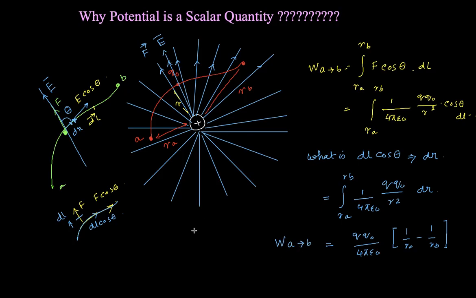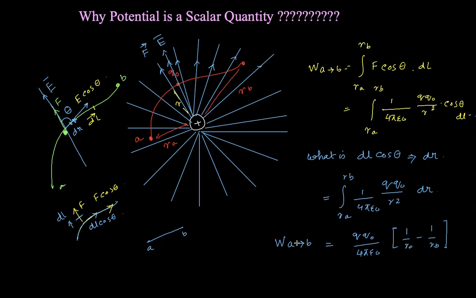In the previous page you saw that to displace the charge from A to B in a straight line, the work done is this. And for the same electric field, if you displace the charge from A to B in a curvilinear way or any other way, the work done is the same: q naught by 4 pi epsilon naught into 1 by RA minus 1 by RB.